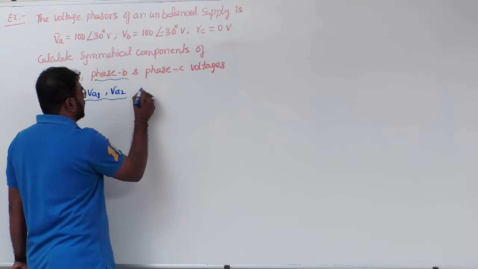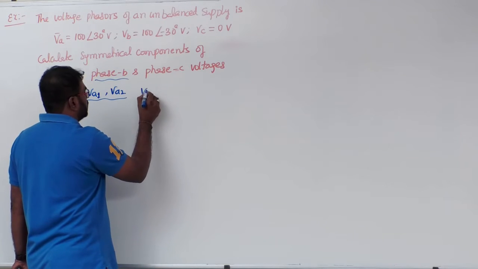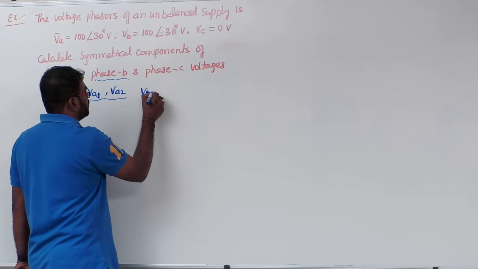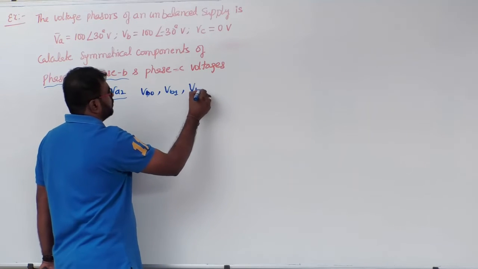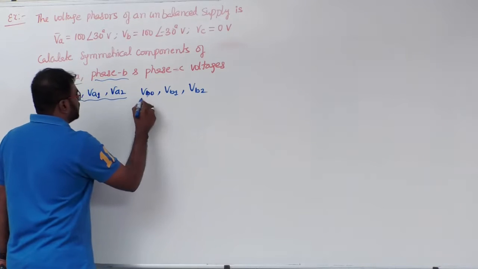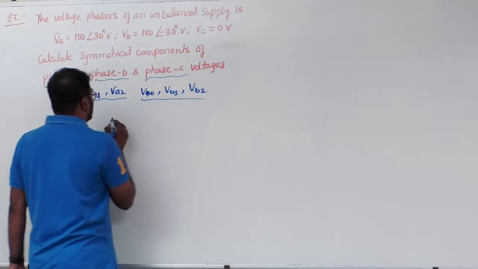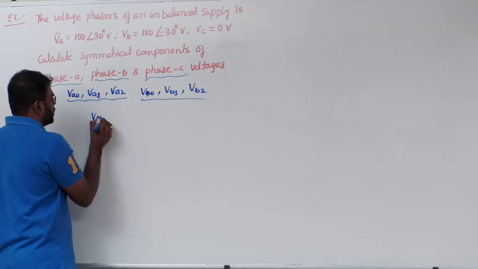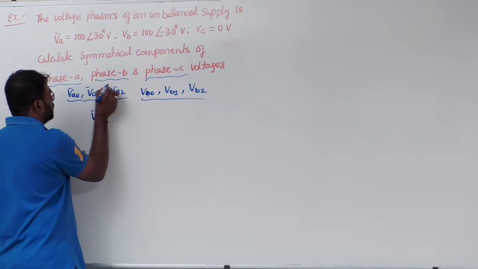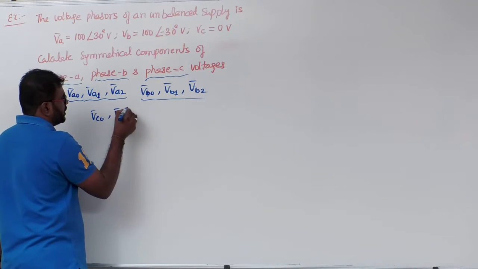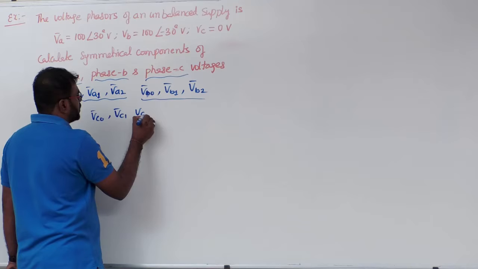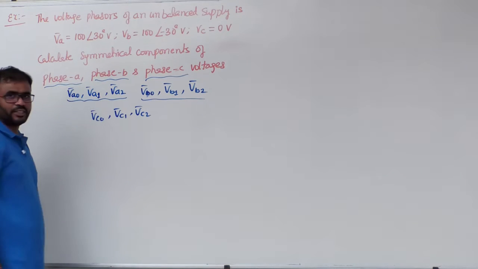They are VB0, VB1, VB2. And similarly, the symmetrical components of phase C voltages are VC0, VC1 and VC2, all phasors. Now these things we need to calculate here.